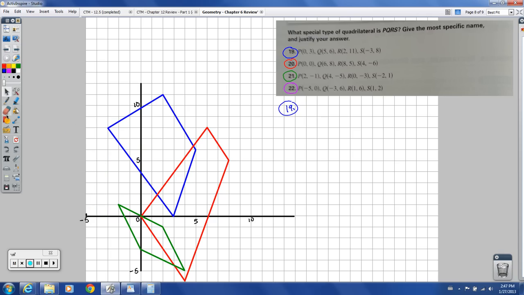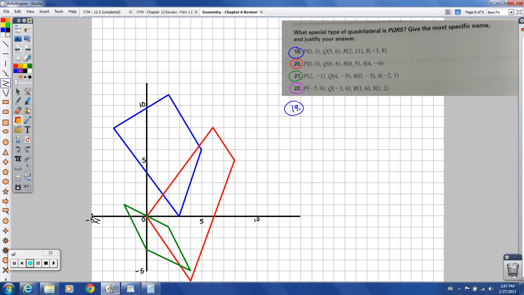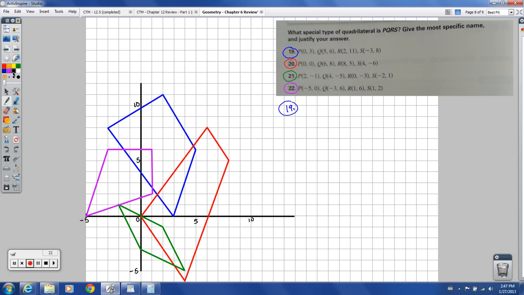There we go. Put that one back in there. So negative 5, 0, negative 3, 2, 3, 6 right here, and then 1, 6 should be right there. 1, 2 should be right there. Okay, that looks better. But again, let's go back to number 19 and see what we think about that one.